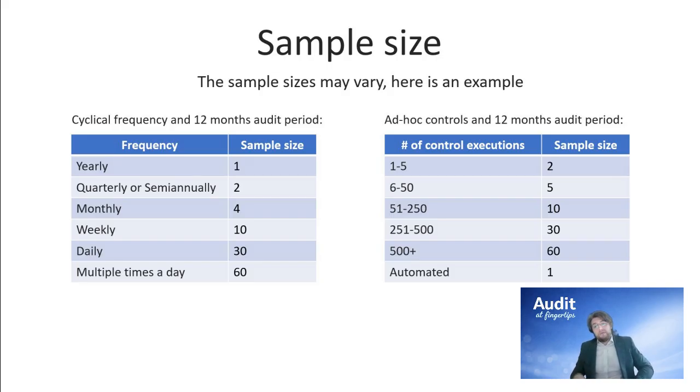Now, quarterly or semi-annually. Well, semi-annually might be 1 or 2. Quarterly should be 2. Just 1 for a quarter is not enough because it's done 4 times. We cannot use the same sampling as for yearly. So 2 for quarterly controls is fine. Or, it's always up to you, because audit is something where the third line gives assurance, and this assurance should be signed.